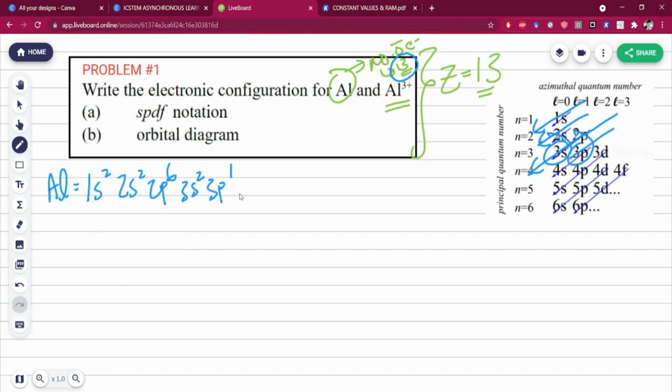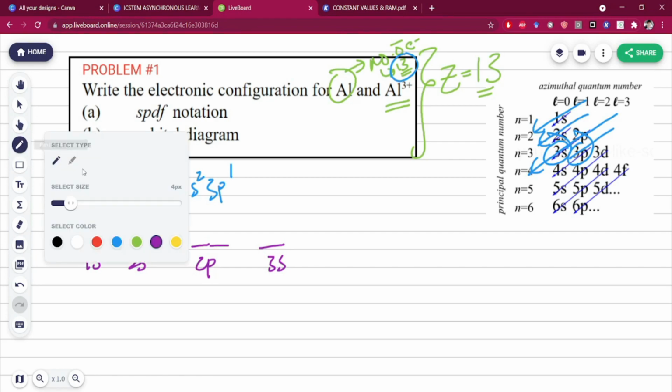The orbital diagram should be: you have 1s, 2s, 2p, 3s. Note that you will have some space in between, but the 2p orbitals will be degenerate, so the space is smaller in comparison between 2s and 2p.